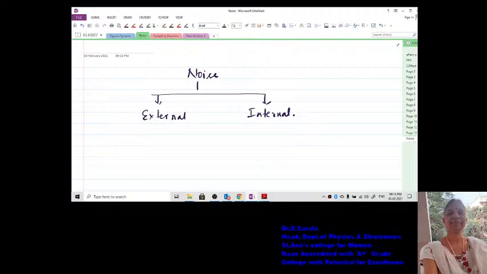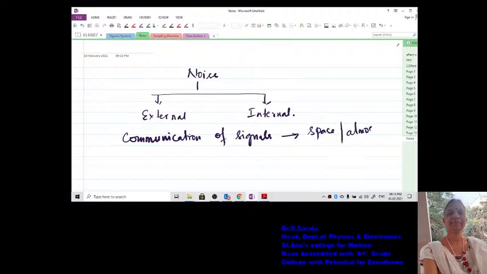Okay, and what is happening is these radio waves, the communication of signals, travel through space consisting of atmosphere.